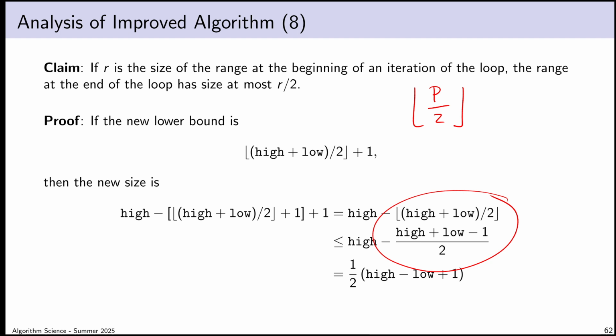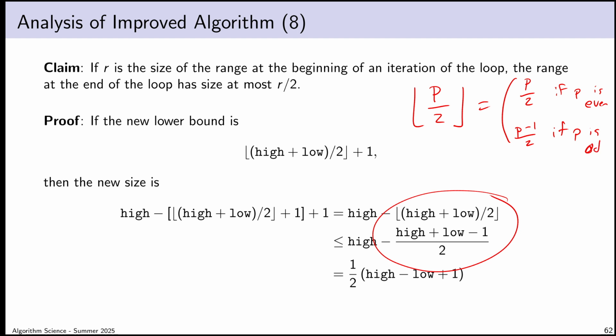Okay, so there's pretty much two ways this can go. If p is an odd number, we'll do this. It just equals p over 2 if p is even, and it equals p minus 1 over 2 if p is odd.